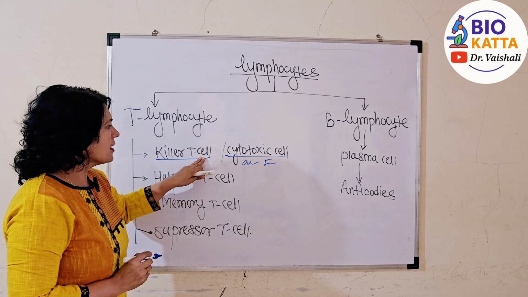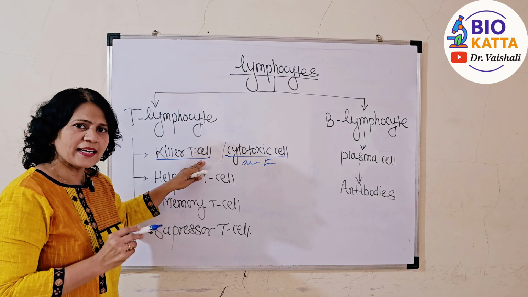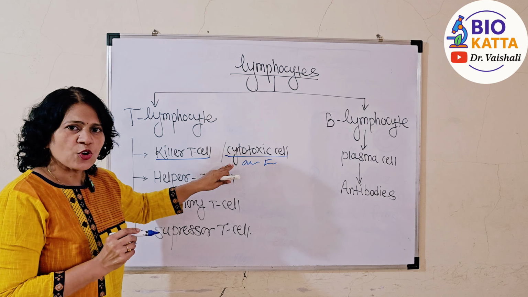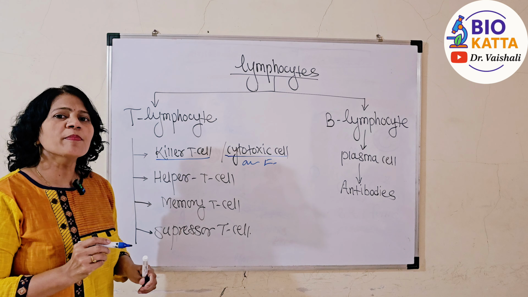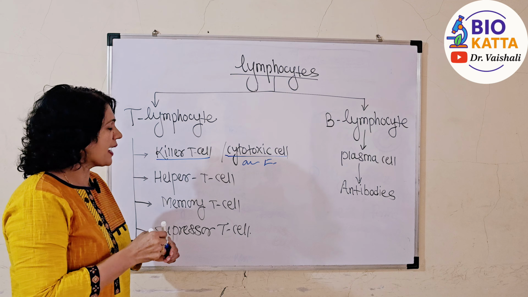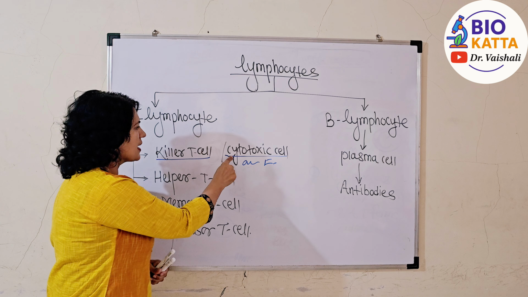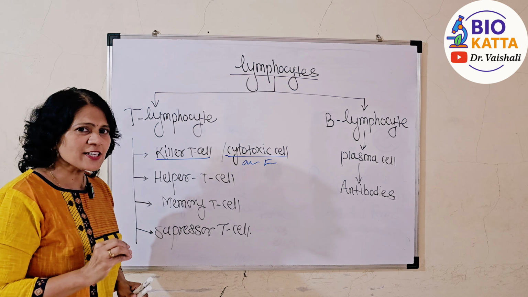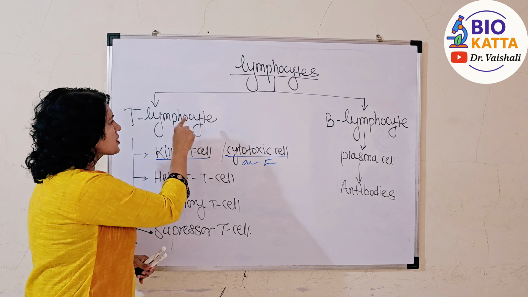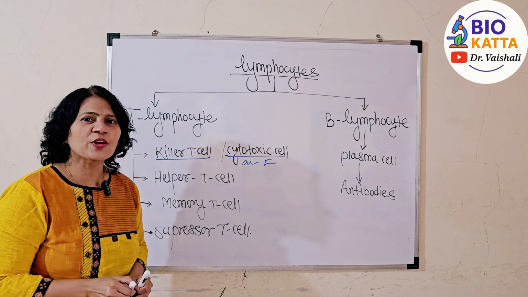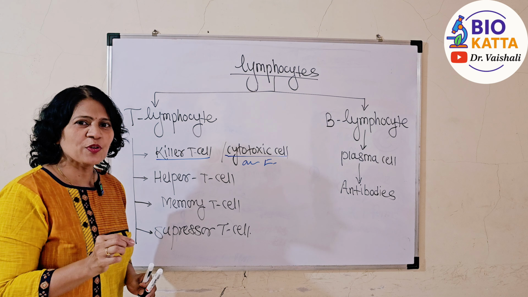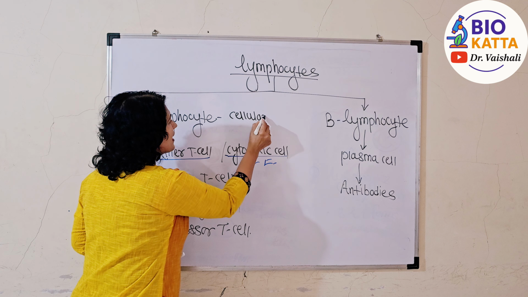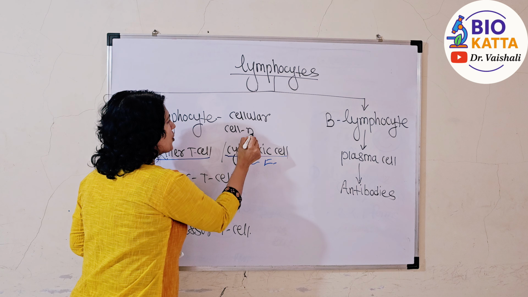When any pathogen enters our body, this cell destroys that pathogen by forming pores in its membrane, and that's why it is called the cytotoxic cell and the killer T cell. That's why the T lymphocyte has the most important role in the type of immunity called cellular immunity or cell-mediated immunity.